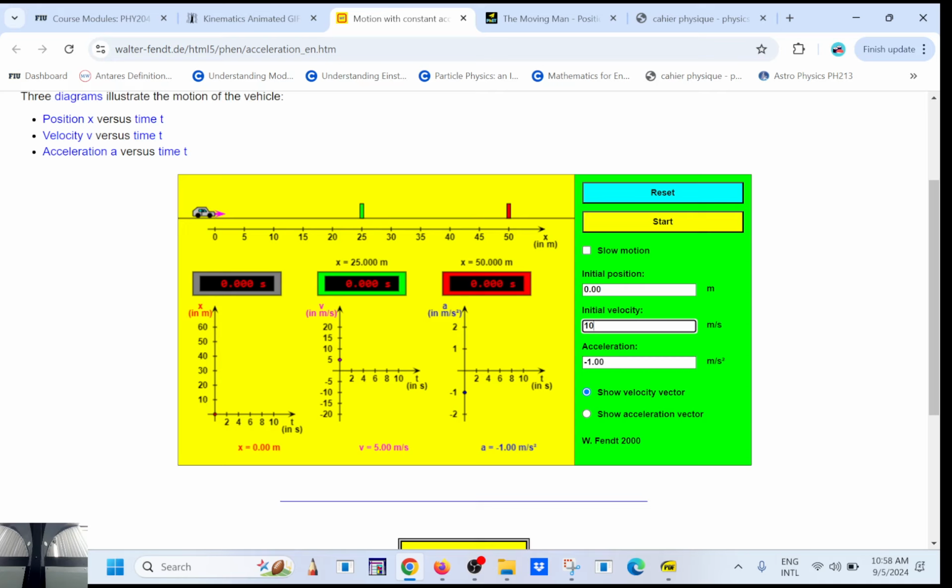It's going to slow down at a rate of 1. And here we go. Slowing down, slowing down, stop. That doesn't happen in real life, but if you keep pulling in this direction, then it's going to come back.